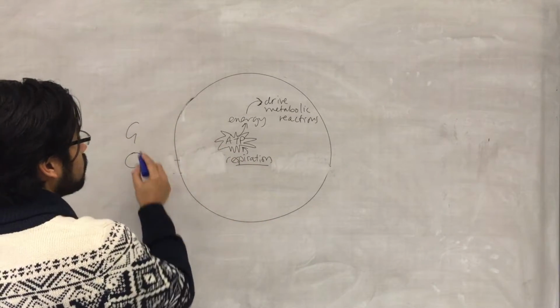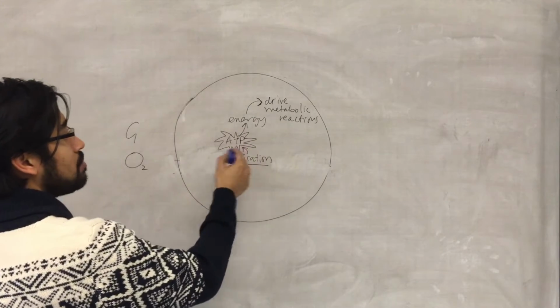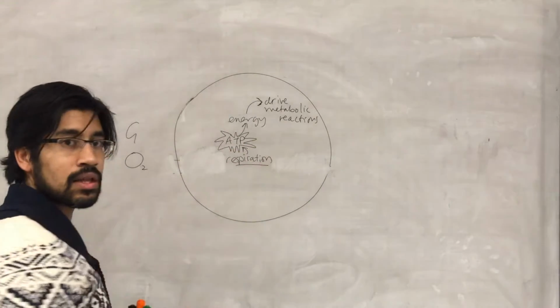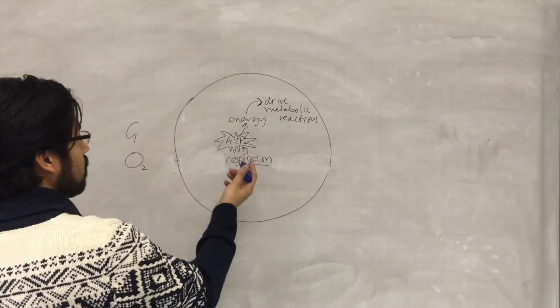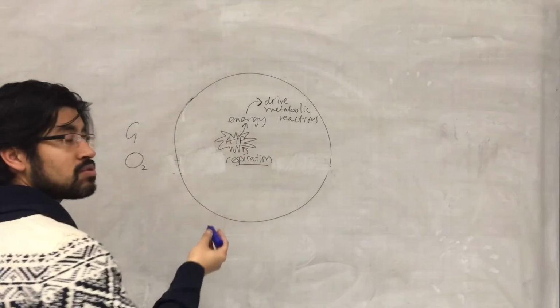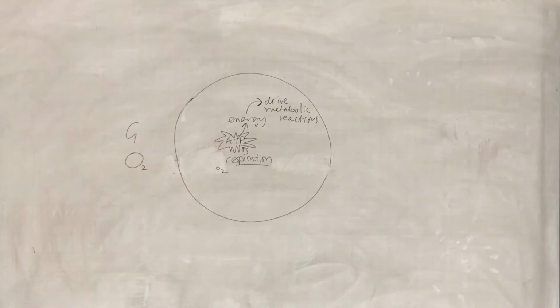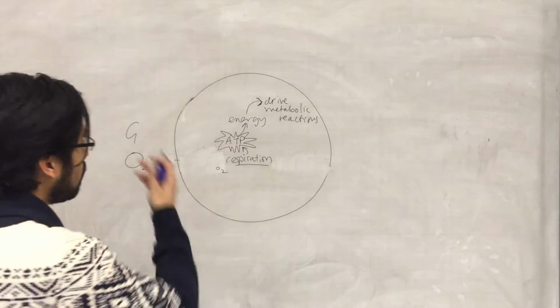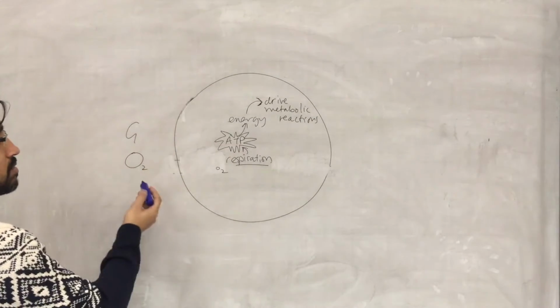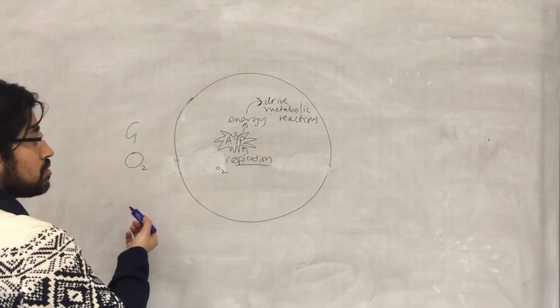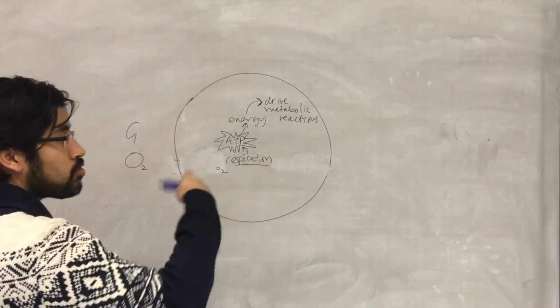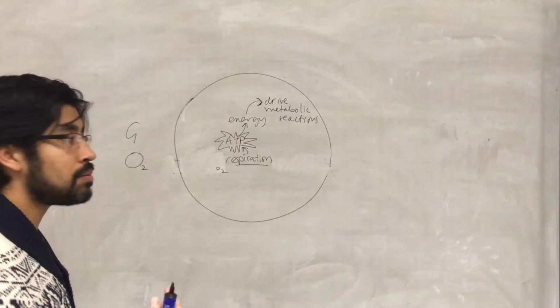Now, oxygen is continuously being used up in the cell. Therefore, its concentration in the cell is relatively low. So oxygen has a concentration gradient. Outside of the cell, there could be lots of oxygen. Inside the cell, oxygen is continuously being used up.